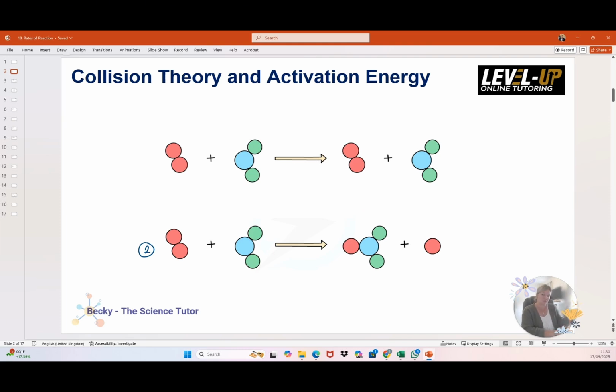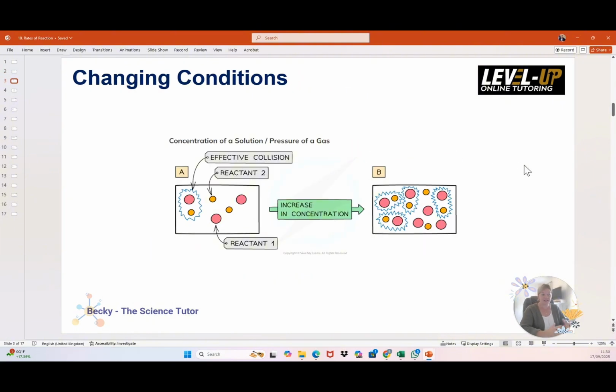And if you've watched the previous video on endothermic and exothermic reactions, you know that we've got to put that energy in first, that activation energy, to break those bonds to then reform and make our different products. Okay, so let's go through and have a look at some factors that can affect it, what conditions we can change, and how that means the reaction changes its rate.